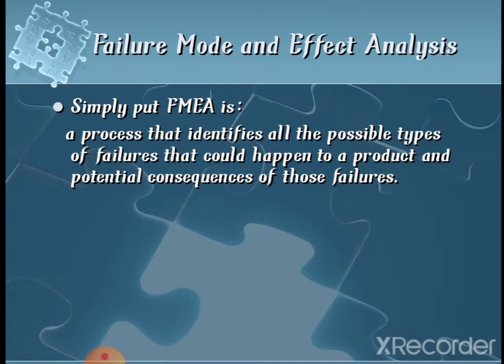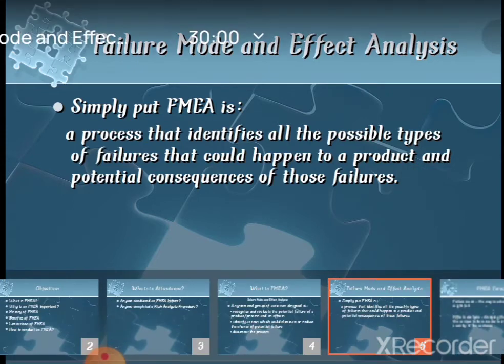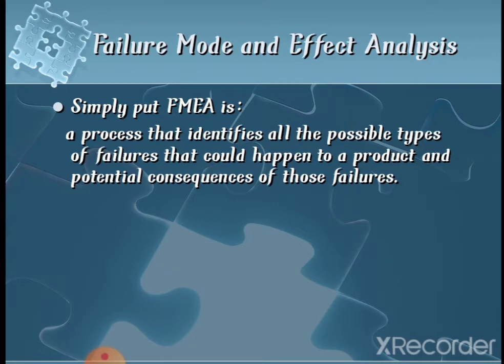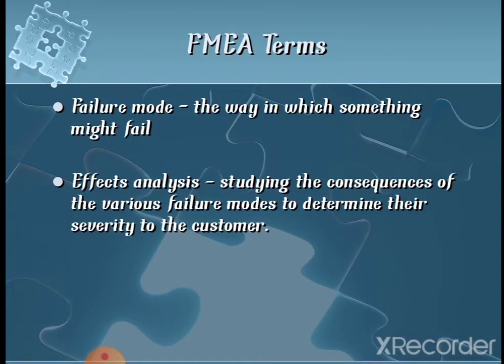We can say that FMEA is a process that identifies all possible types of failure that could happen to a product and the potential consequences of these failures. In short, FMEA is a technique to resolve potential problems in a system before they actually occur. It is analyzing the problems before they occur.